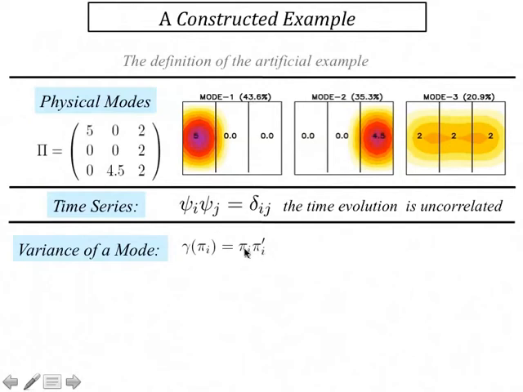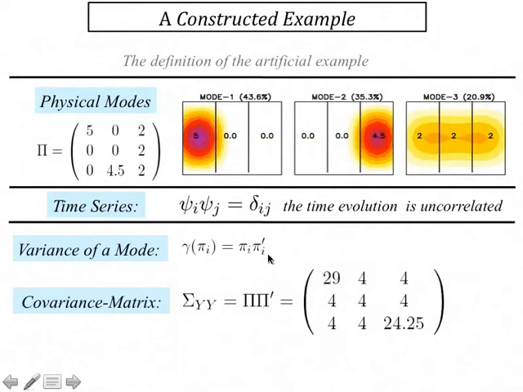The variance of any of these modes is just these patterns multiplied with itself, because I defined these time series to be uncorrelated and have no units, just standard deviation 1. So the time series are normalized, and I can just define the variance as the pattern vectors multiplied with themselves, so this is a vector product. Then the covariance matrix is just this pattern matrix multiplied with the pattern matrix itself.